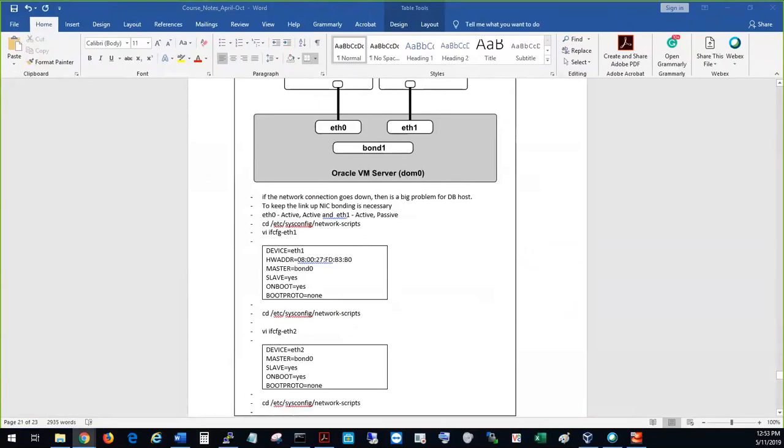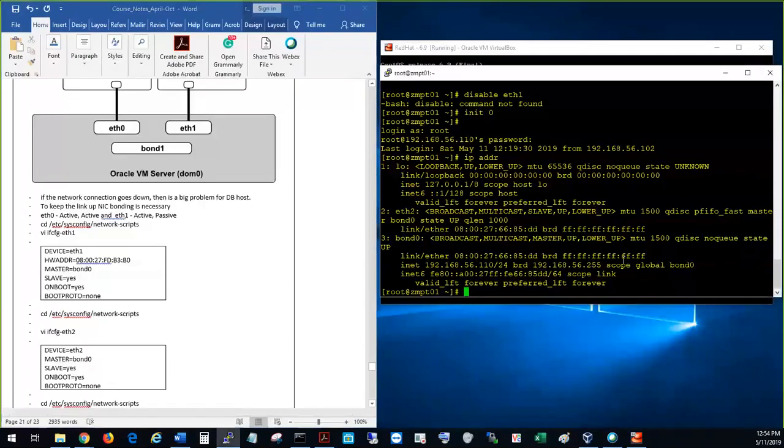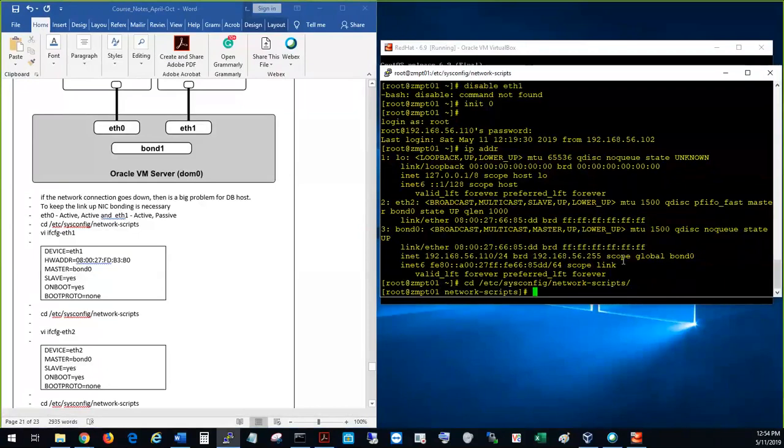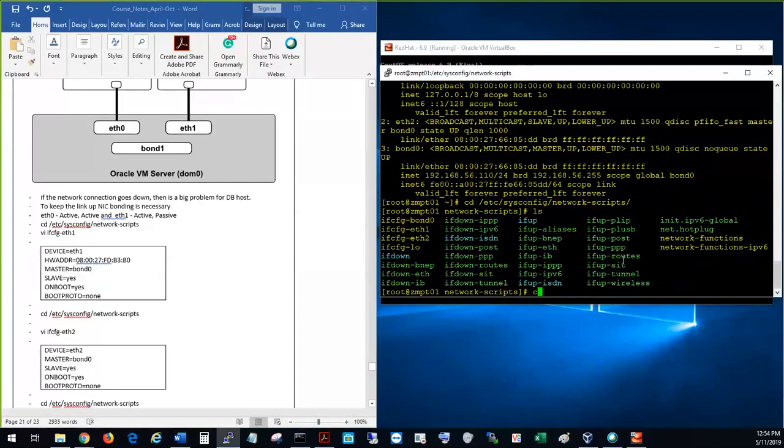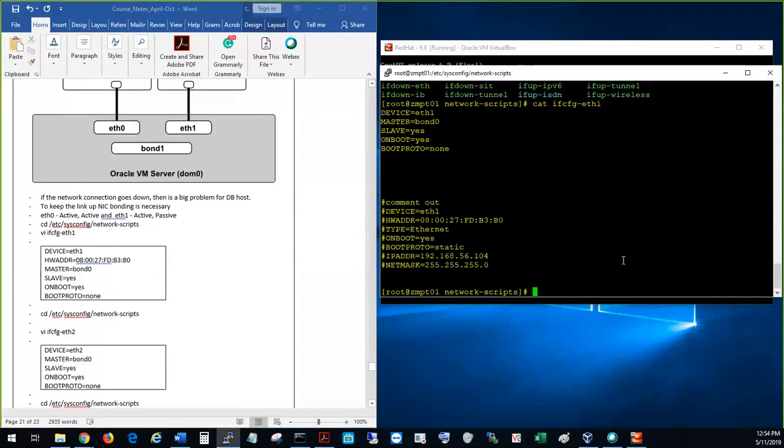Zafar, before you end, could you cat eth1 and eth2 one time? This is the same information I put in here, so you don't need this.